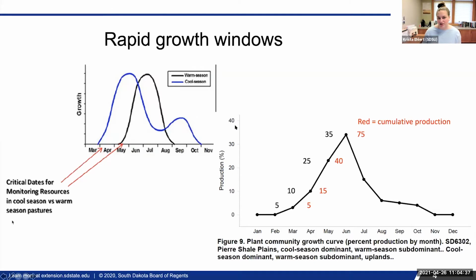We have percent production on the y-axis, and again, the months on the x-axis. You can see red is cumulative production, that by June, again, for a cool season dominant plant community, about 75% of the production has occurred. So that's why it's essential that you consider when you're grazing and when we're getting precip during those rapid growth windows.